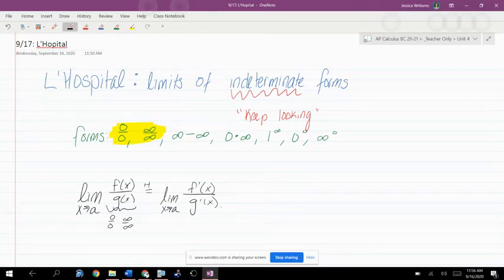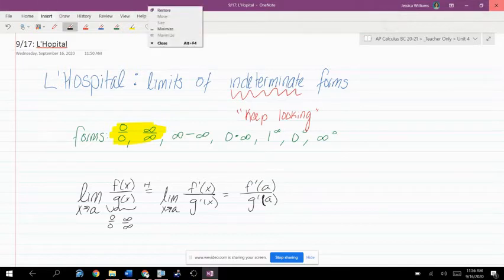You just take the derivative of the top, derivative of the bottom. And then you stop and reassess. So you're going to plug in again, step 1, plug in. And that's what you would end with. If you need to L'Hopital again, you can do it again, and then you'd have a second derivative over a second derivative, and that's fine. Sometimes it takes 2 or 3 tries to get to your final answer.